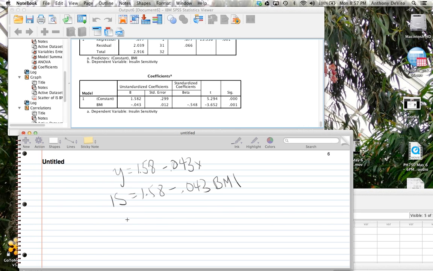So if I wanted to use this formula to predict a person's insulin sensitivity based on their BMI, if a person has a BMI of 30, I would substitute 30 for BMI and calculate what this formula suggests their insulin sensitivity is. Okay, so now I'm going to show you some other stuff.